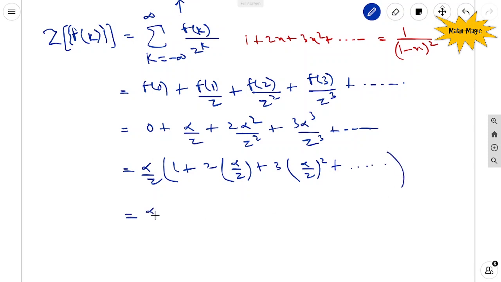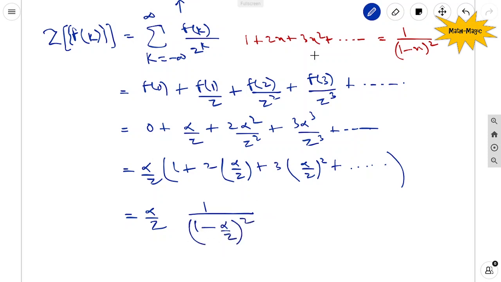So this is equal to alpha by z times this infinite sum, which is of this form. As the value of x is alpha by z, the answer of this is going to be 1 upon (1 minus x) whole square, which is (1 minus alpha by z) whole square.